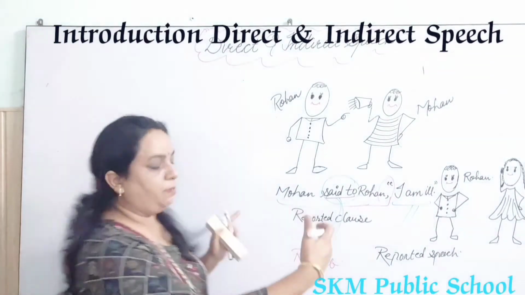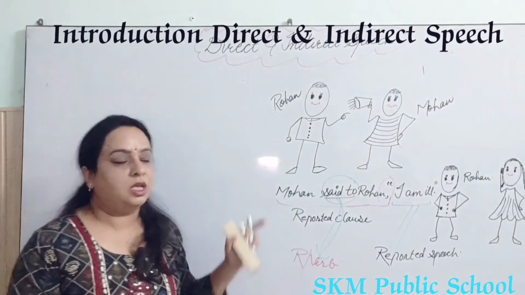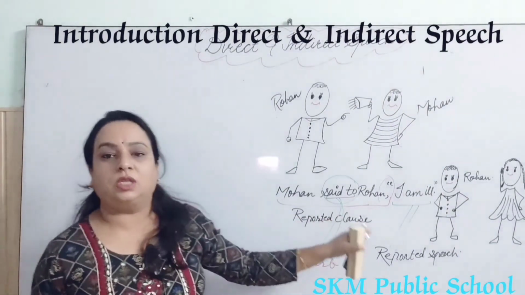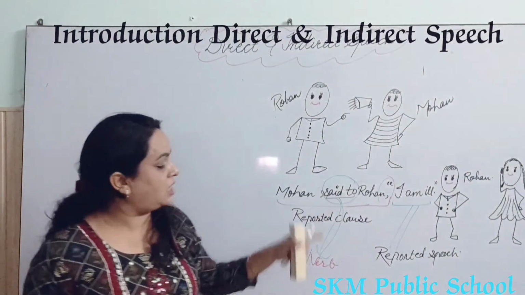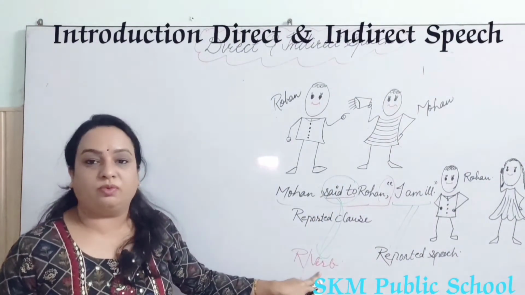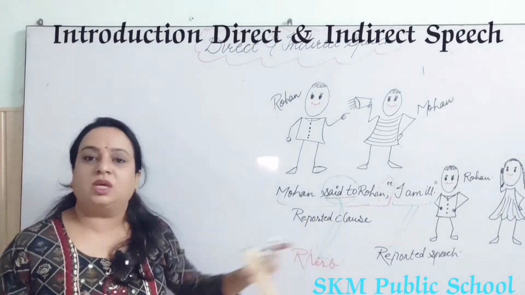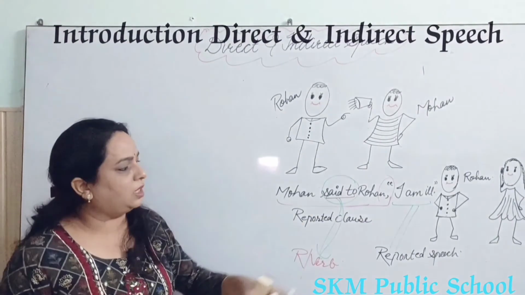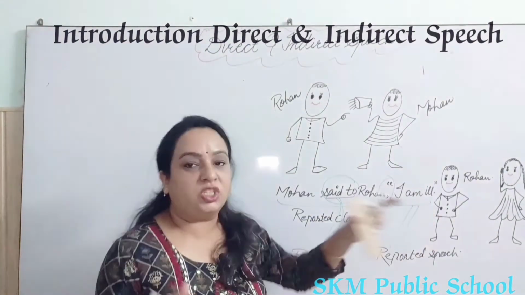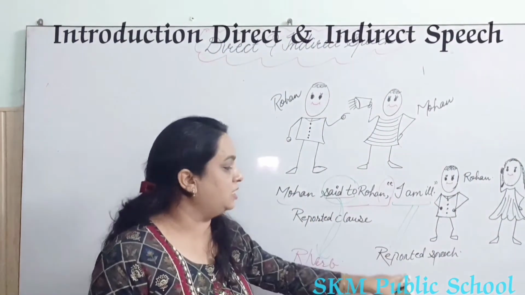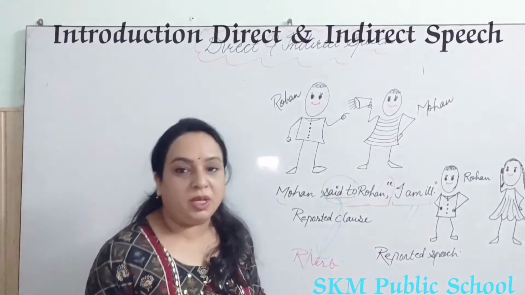So the main part which is outside the commas is known as reported clause, and it has the reporting verb within it, that is, said, said to, informed, thinks, commands, something like that. And the portion inside the commas is known as reported speech.